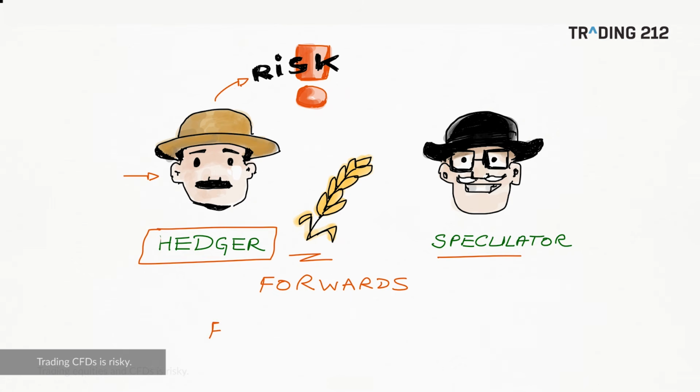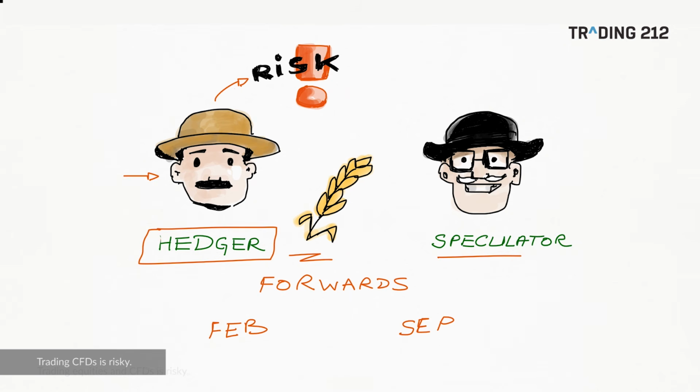Let's say that it's February now, and the farmer is getting ready to plant his crop, which will be harvested in August and ready for delivery in September. Come September, the market price really could be anywhere. No one really knows.